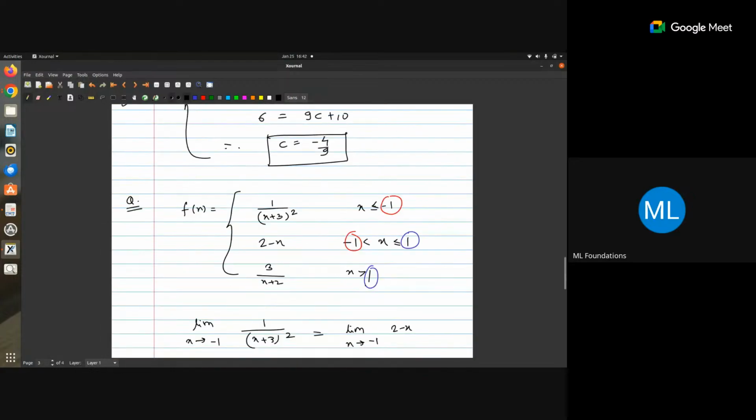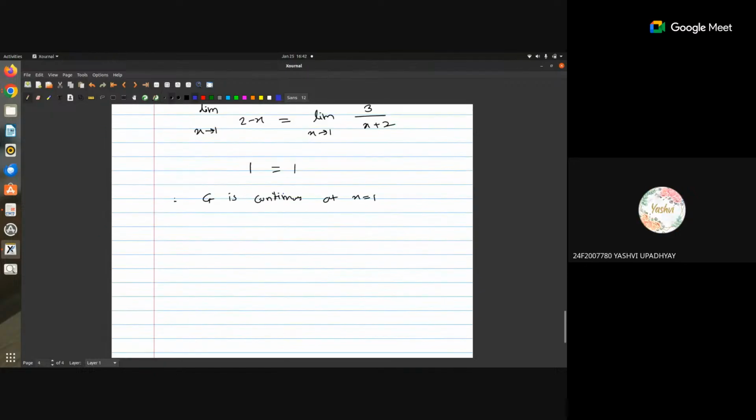Okay, where else can it be not continuous? Can you tell me apart from these values? If you look at this function, it will not be continuous when the denominator is 0. At what value is that possible? -3, because this function is x plus 3 whole square.